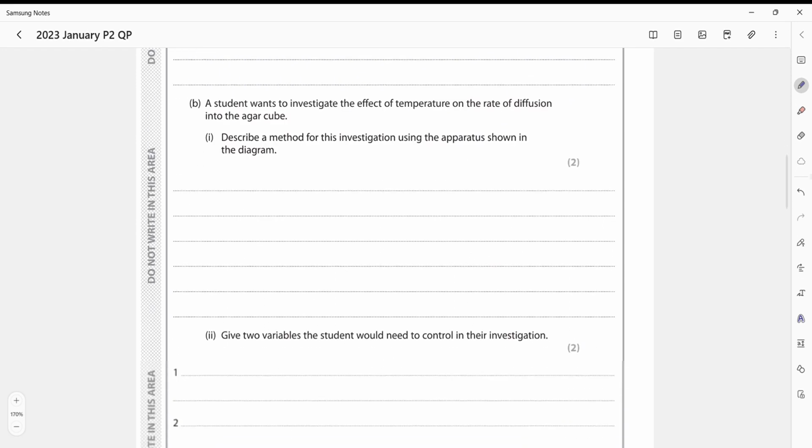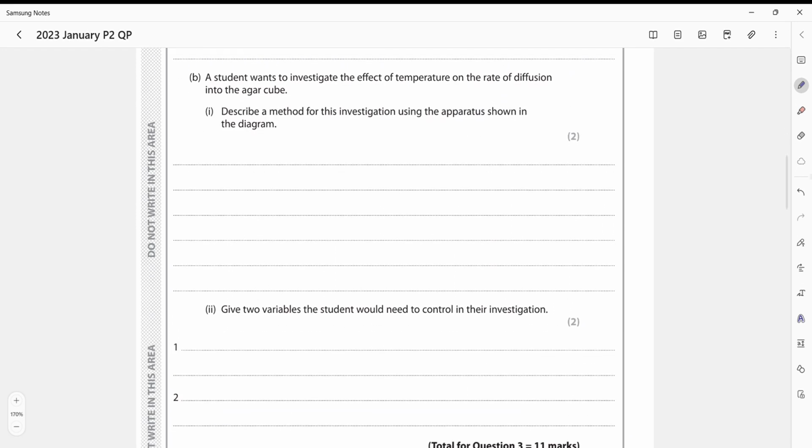Okay, let's move on to part B. The student wants to investigate the effect of temperature on the rate of diffusion into the agar cube. Describe a method for this investigation using the apparatus shown in the diagram. So here, because it's only 2 marks, you probably need to mention the independent variable and dependent variable. So independent variable is the thing that we change.